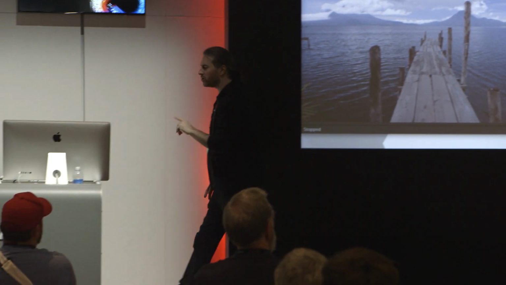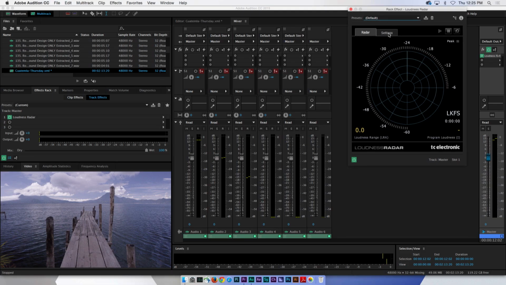The other thing that I just want to show you here, which you can leverage in this workflow that I find very useful, don't forget you also have this same meter in Premiere Pro, but with all that's going on these days, still, even now and here at NAB, the TC Electronic Loudness Radar meter, so that you can monitor your audio's playout levels to ensure that you are within broadcast standards, right?